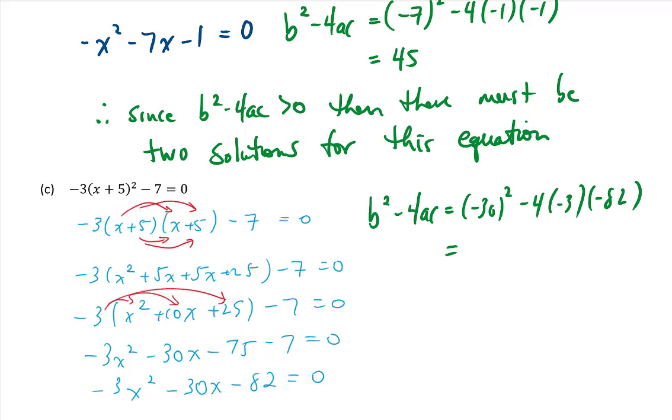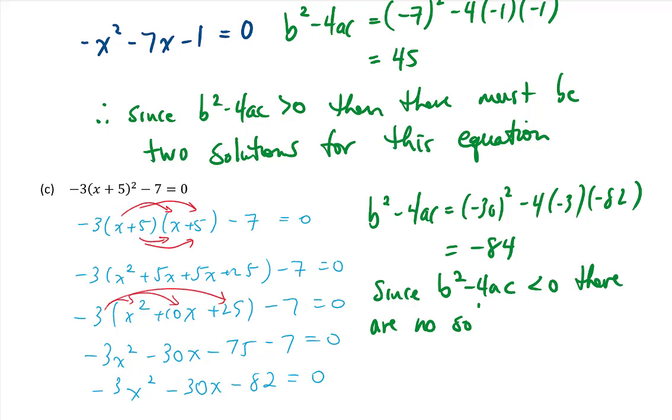And in this one I get negative 84. So here's the case where the discriminant is negative. Since b squared minus 4ac is less than 0, there are no real roots, or no solutions, for this equation.